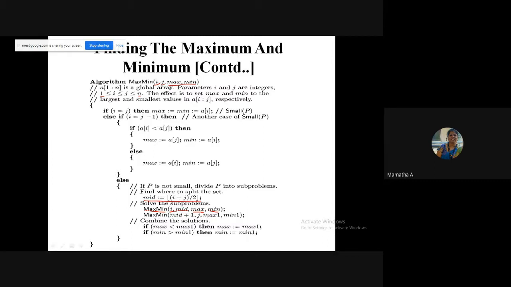What does max 1 contain? Once the problem is solved, what do max 1 and min 1 contain, students?